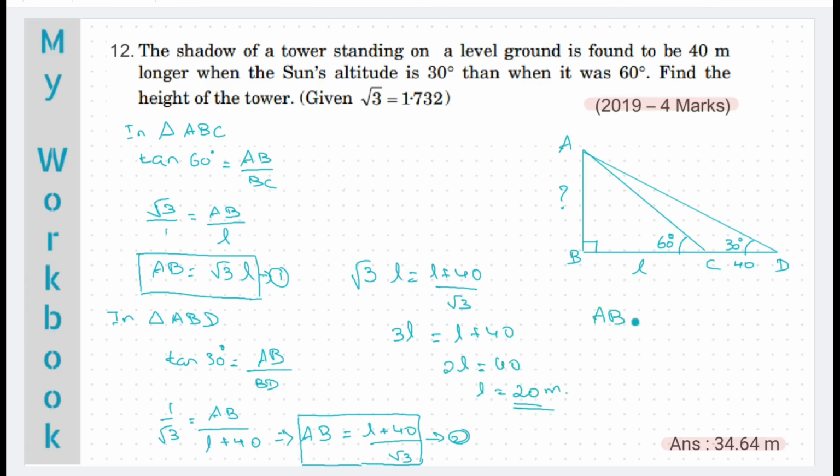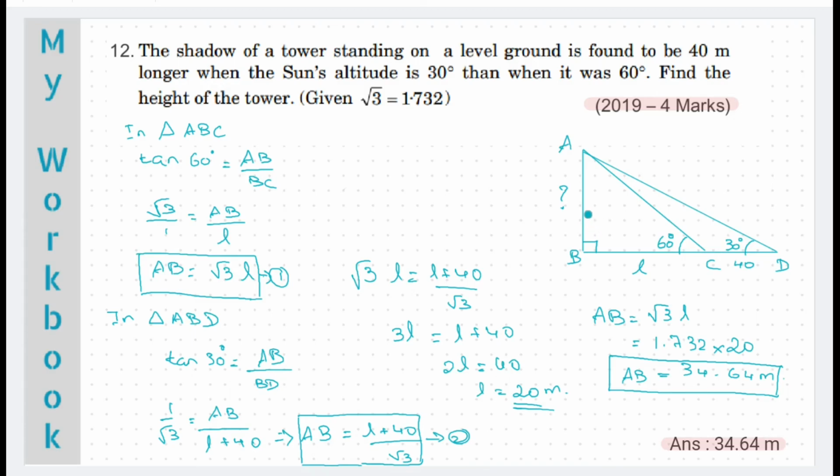Solving, L is 20. AB is root 3 times L, so 1.732 into 20, which will be 34.64 meters. So the height of the tower AB is 34.64 meters. So these are the 12 sums that I wanted to solve.